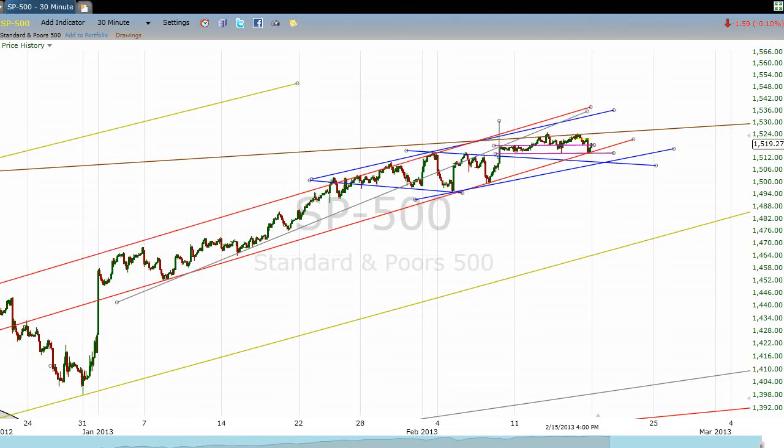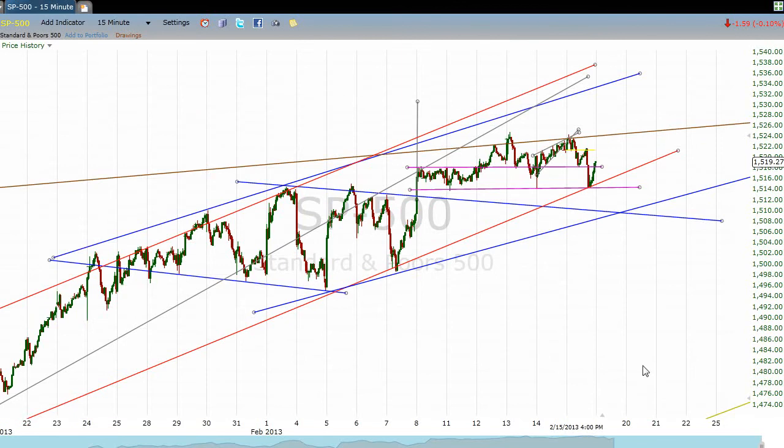Let's take a little bit closer look. Here you go. 1, 2, 3 tags down on this support line while failing to reach all the way up to our red resistance line.